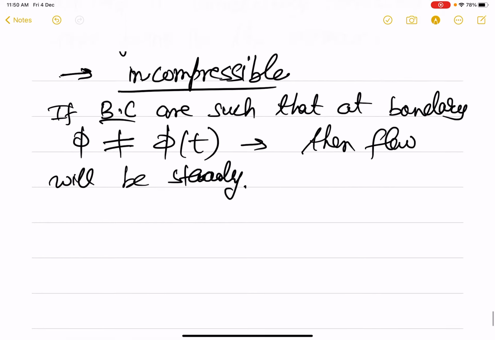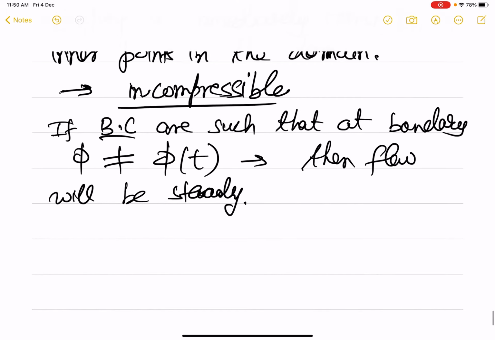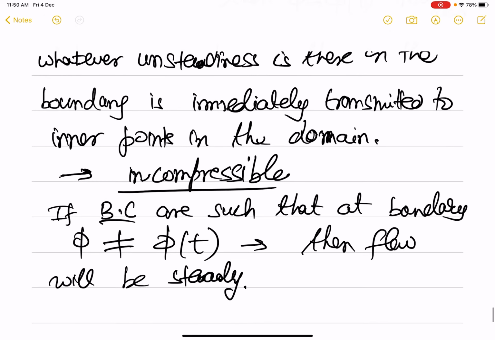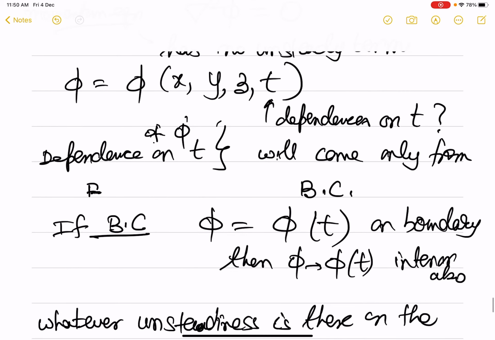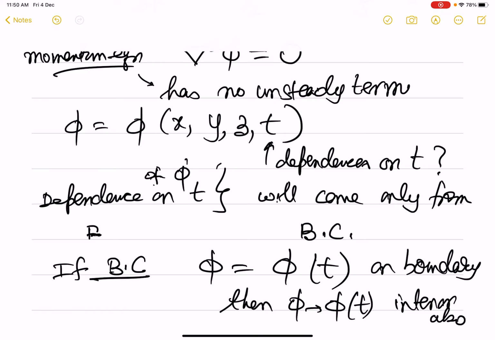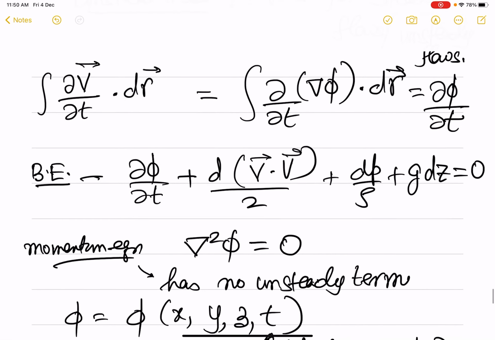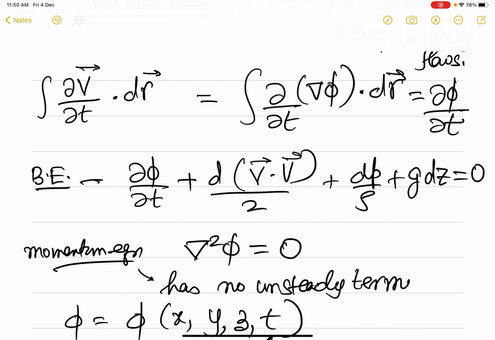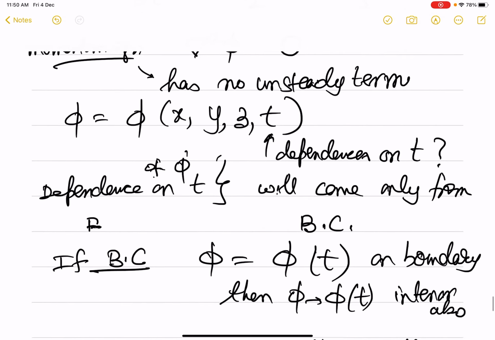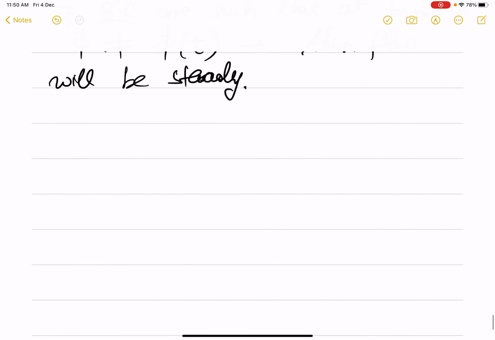From the equation, no unsteadiness comes, because once phi is not equal to phi of t, then phi throughout the domain will not be a function of t. And then if phi is not a function of t, in the Bernoulli's equation also, this term partial phi by partial t will go away.